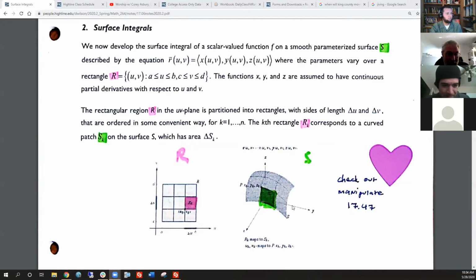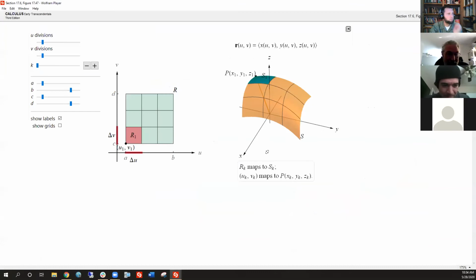And let's look at the manipulate. What I want to start out by pointing out is that each little sub rectangle in the parameter world corresponds to a region over here on the surface.